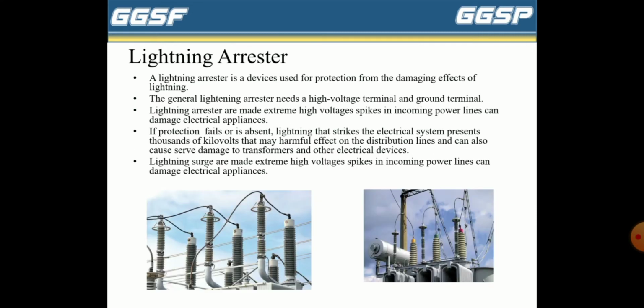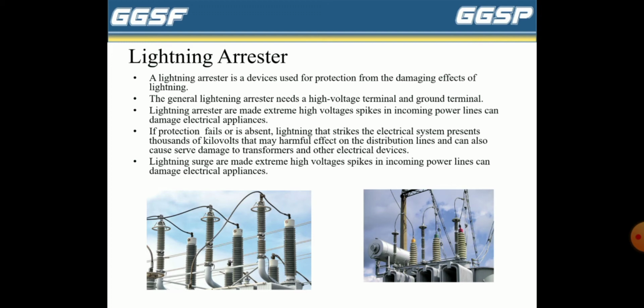Lightning arrestor. A lightning arrestor is a device used for protection from the damaging effects of lightning. A general lightning arrestor needs a high voltage terminal and a ground terminal. Lightning arrestors protect against extremely high voltage spikes in incoming power lines, which can be damaging to electrical appliances.